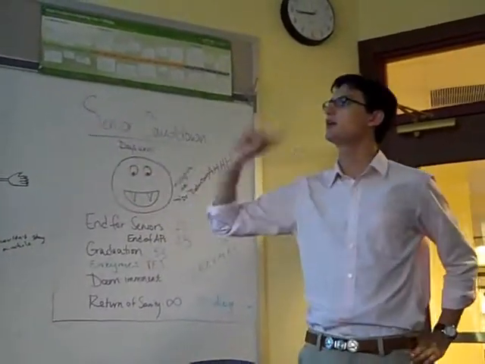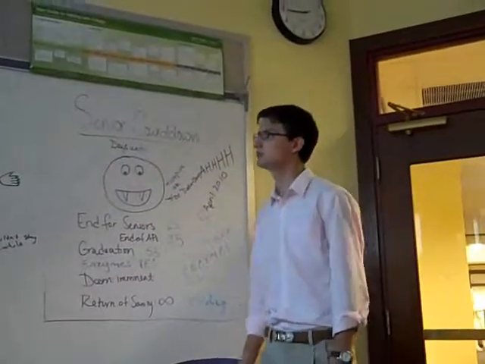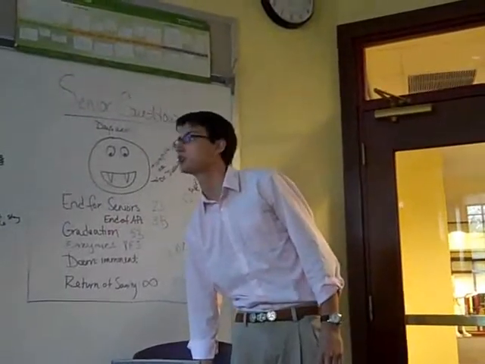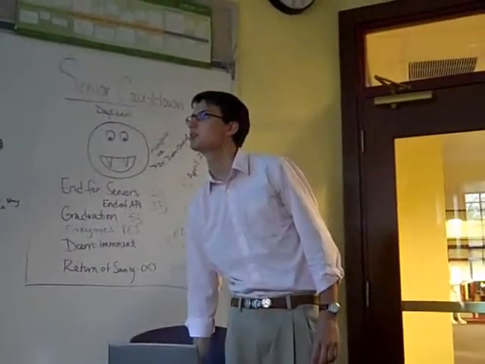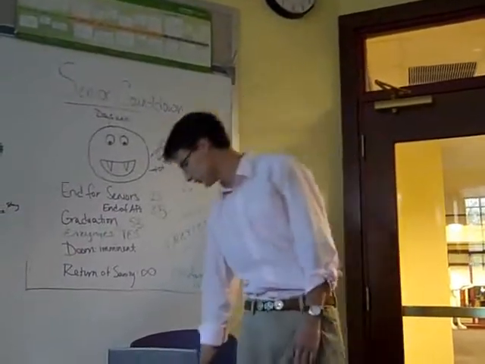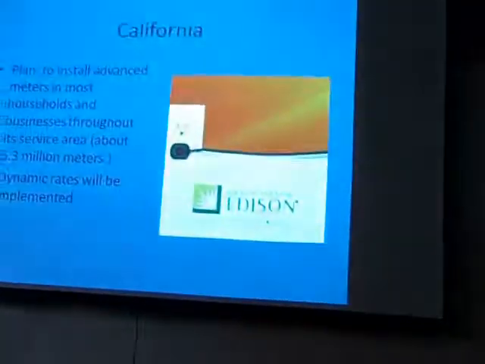So in Florida, St. Pete Beach, there's 5,000 homes and businesses being retrofitted with this technology. In Texas, 3 million automated meters will be installed in the Dallas-Fort Worth area by next year. Most exciting, California is going in.